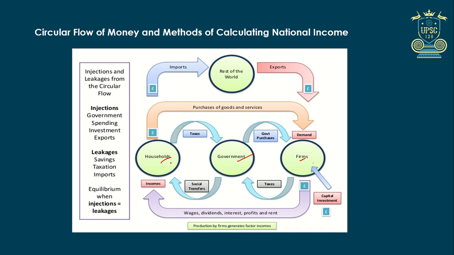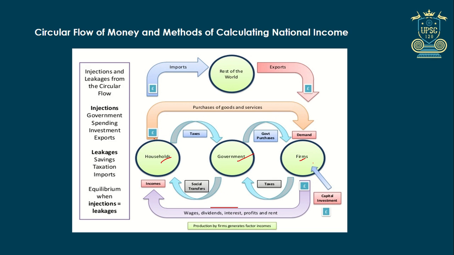If people have bonds or shares in it, they have to pay dividends. If they have taken loans from the people in the form of debentures, they have to pay interest, profits and rents. If the company is renting a place which is owned by some private individual, they have to pay rent. So the company will pay all these, that is wages, dividends, interest, profits and rents, to the people, individuals, let's take that as households.